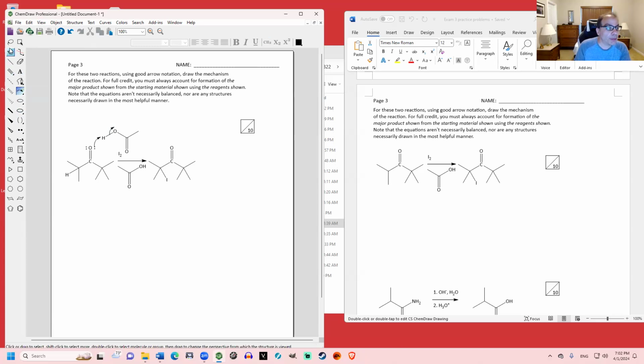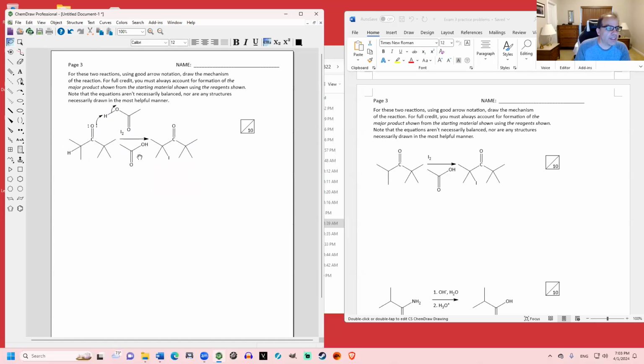And the most acidic species we have around, it's not the strongest acid in the world, but it's the only one we've got, and it's the acetic acid. And that gives us this intermediate.